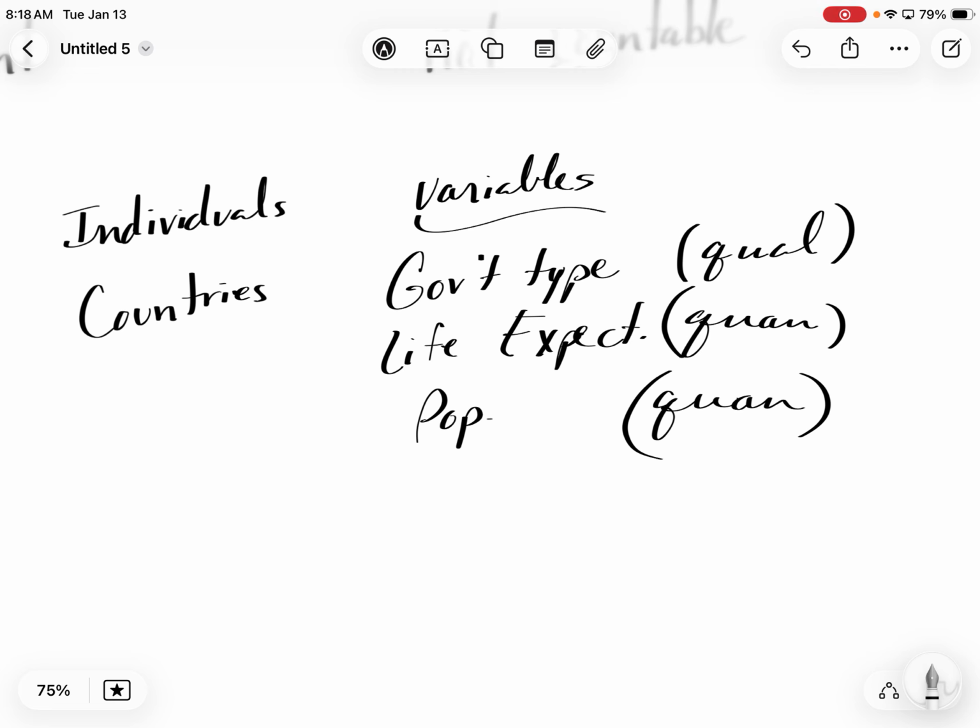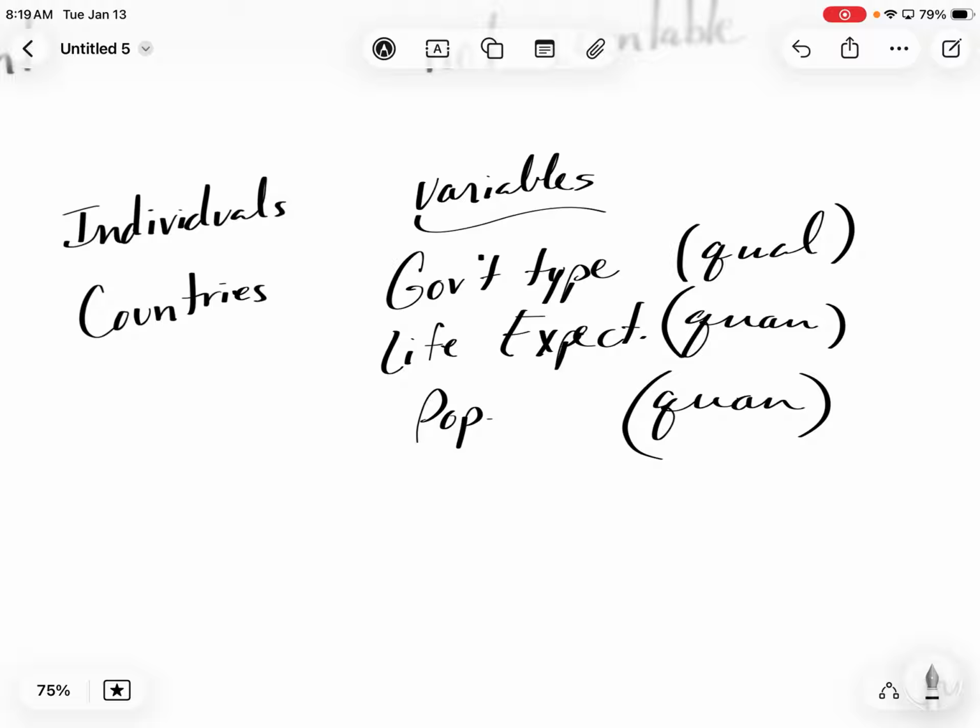All right. And then as far as the rest of it, diving into the quantitative, just one more little spot. Would the life expectancy be discrete or continuous? Continuous. Why?